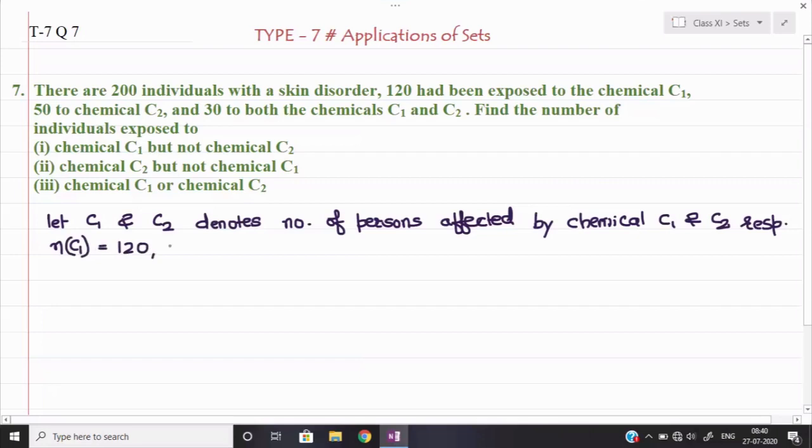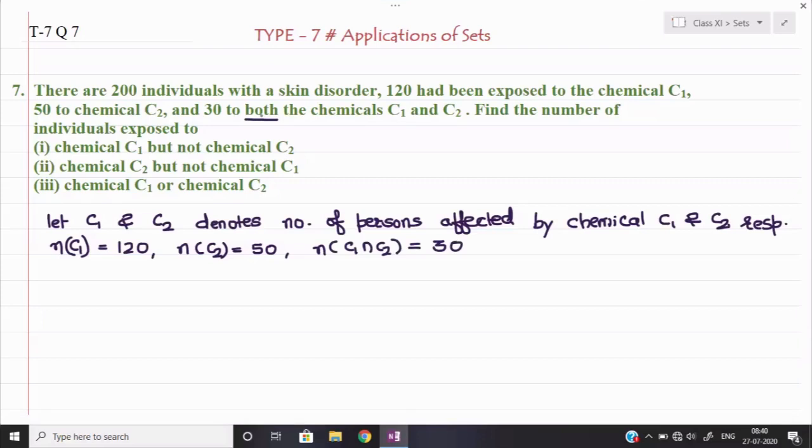Then 50 to the chemical C2, so N of C2 is equal to 50. Third, N of C1 intersection C2 is equal to 30, because, as I told you last time, both means intersection. That you remember.